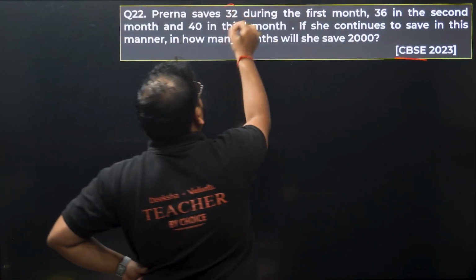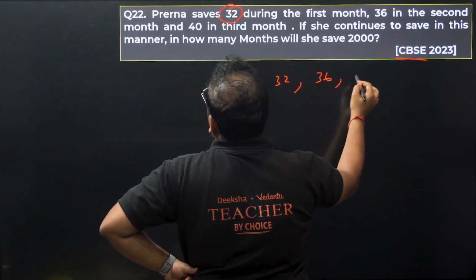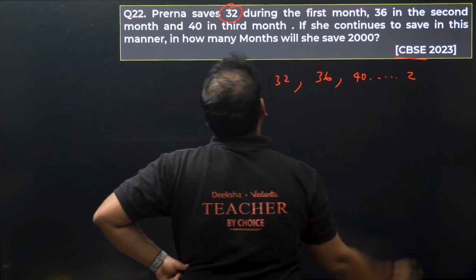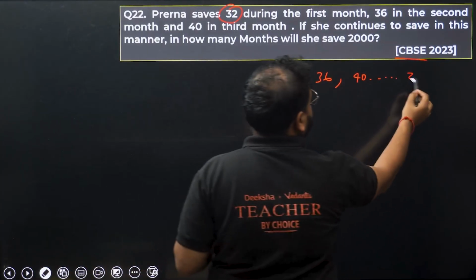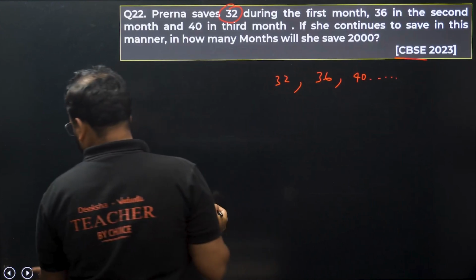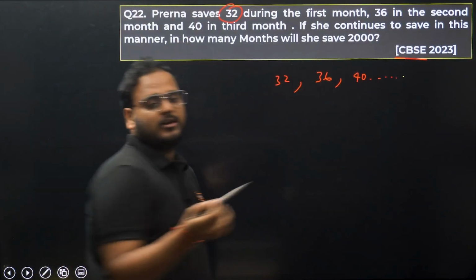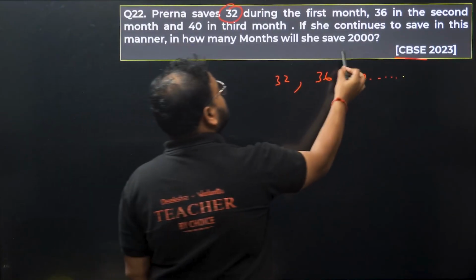So the first term is 32, the second term is 36, then 40. So she keeps saving like this. They've given that she is able to save 2000 rupees in how many months?